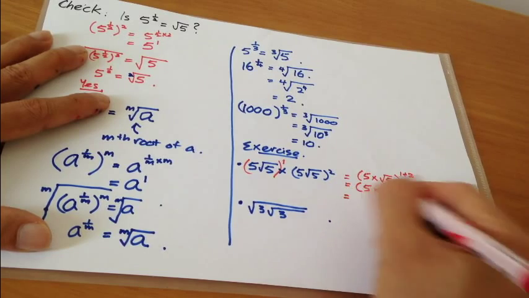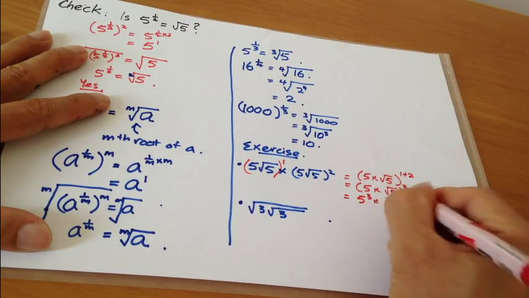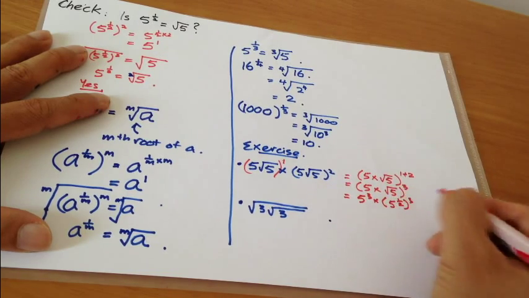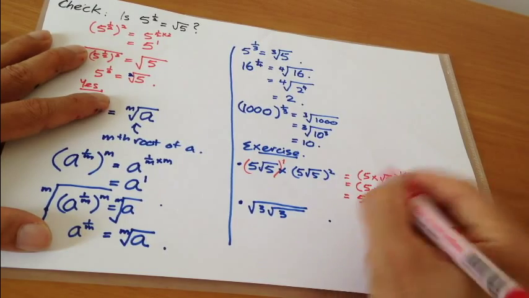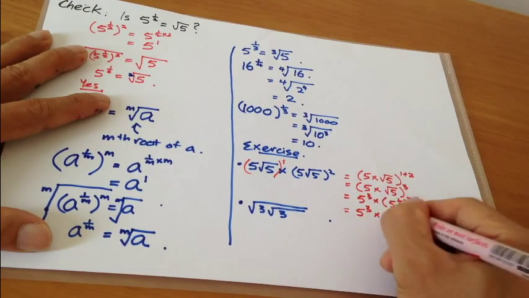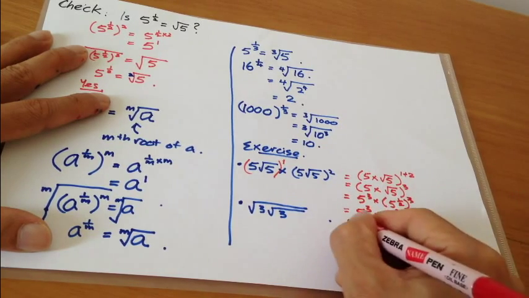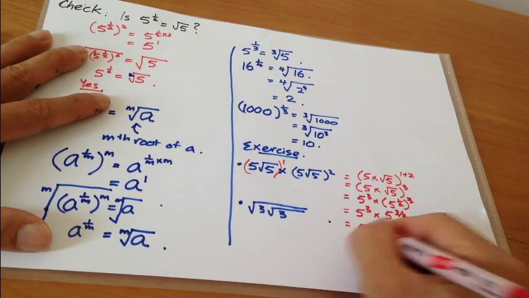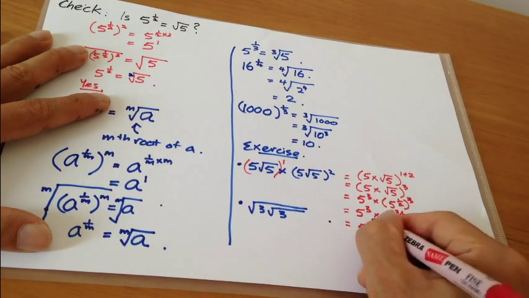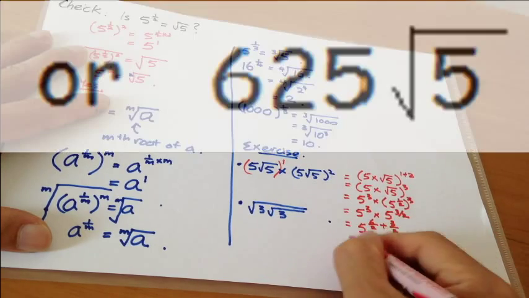Next, this is just 5 to the power of 3 times 5 to the power of half times 3. So that will be 5 to the power of 3 times 5 to the power of 3 over 2. So the answer will be 5 to the power of 3 times 2 is 6 over 2 plus 3 over 2.